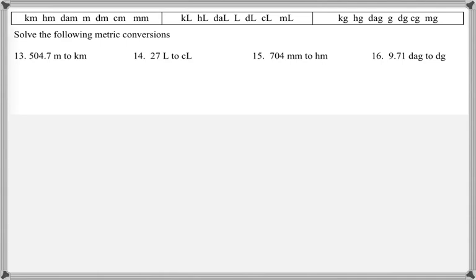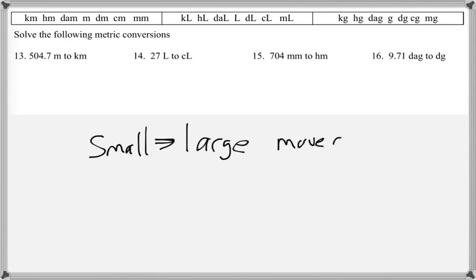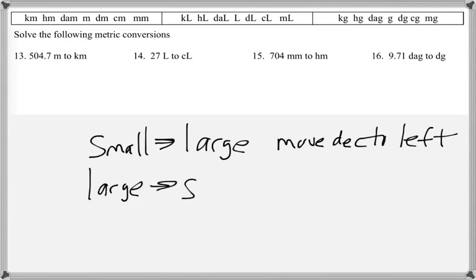Now, if I'm converting from a small quantity to a large quantity, I'm going to be moving the decimal place to the left. If I'm converting a large quantity to a small quantity, I'm going to be moving the decimal place to the right.